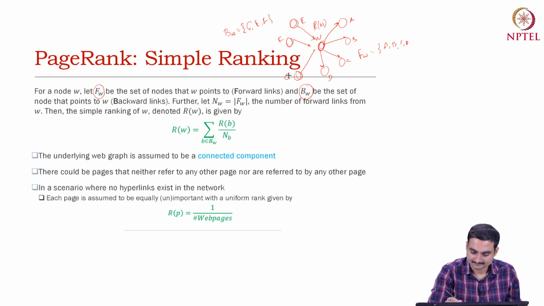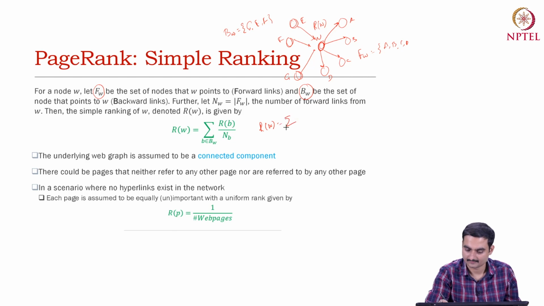Okay. So RW is the sum over all the backward nodes of W, which is denoted by BW, and small b is one such node. RB is the importance of one of the backward nodes B, and NB is the degree of the backward node B. Let us say in this case B is E, and say E has degree 3.